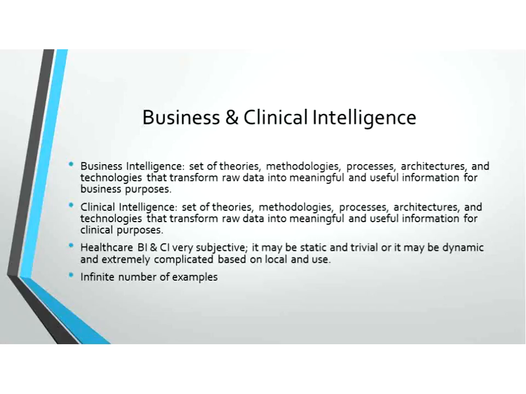Clinical intelligence stems from business intelligence, but we're looking at it for clinical purposes. So it's the same definition, but one is for business purposes, and the other is for clinical purposes.